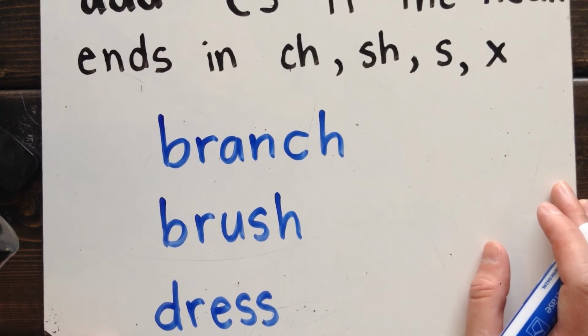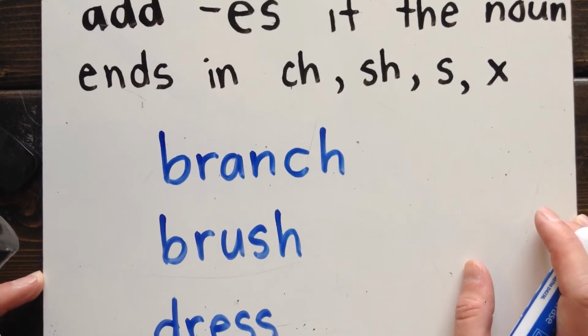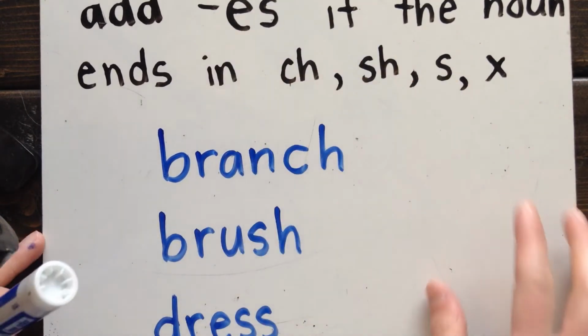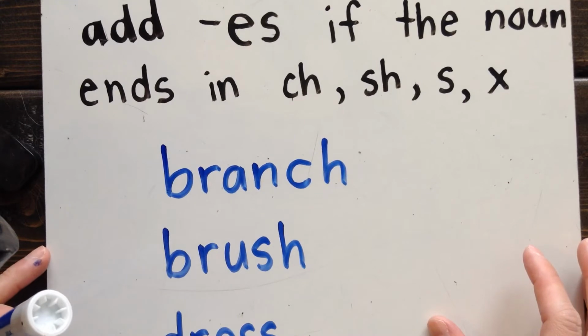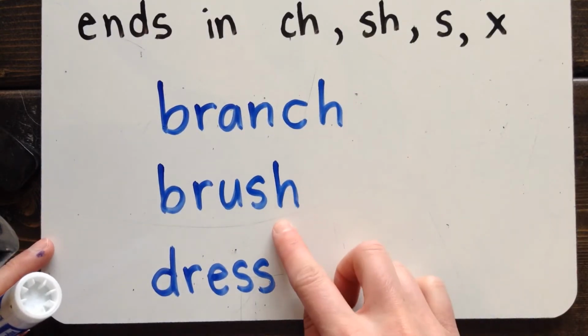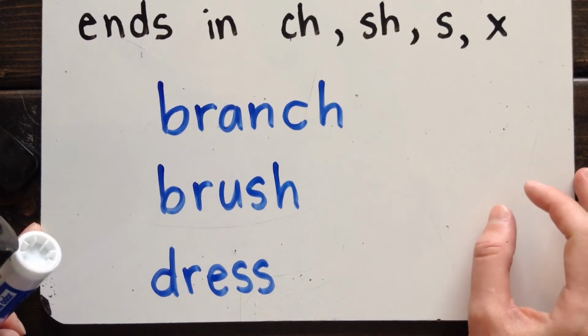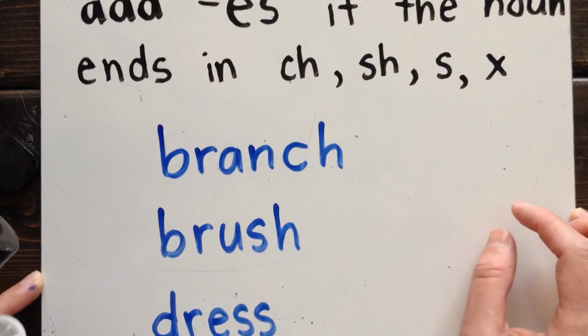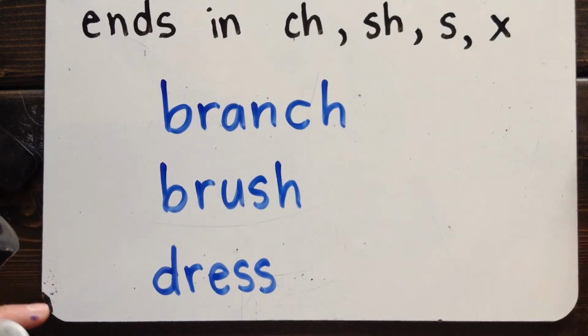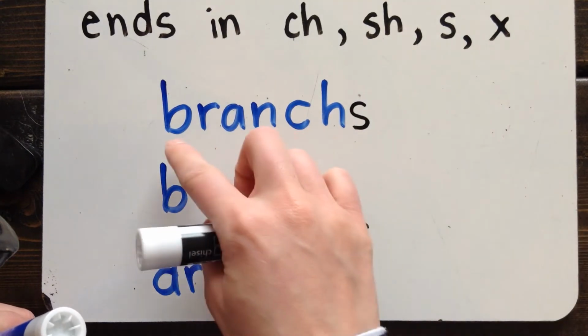However, if we're talking about many, more than one, and we want to make it plural, we need to follow this rule. Add es. The reason we're adding es is because these nouns end in ch, sh, s, and we just did an example of ending in x a moment ago. But remember, you don't have to memorize this rule. If you try and just follow the typical rule of adding an s, it won't sound right.